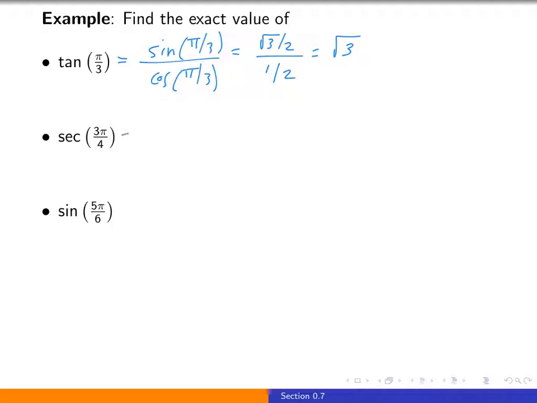Secant of 3 pi over 4 is 1 over cosine of 3 pi over 4. Now to determine the value of cosine 3 pi over 4, I'm just going to draw a simple picture. We're going to have the top half of the unit circle. So 3 pi over 4 would be this angle here.